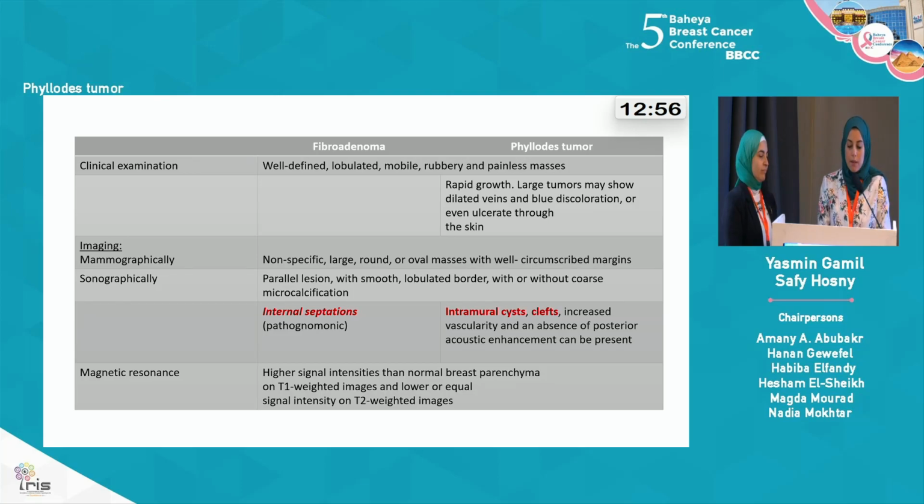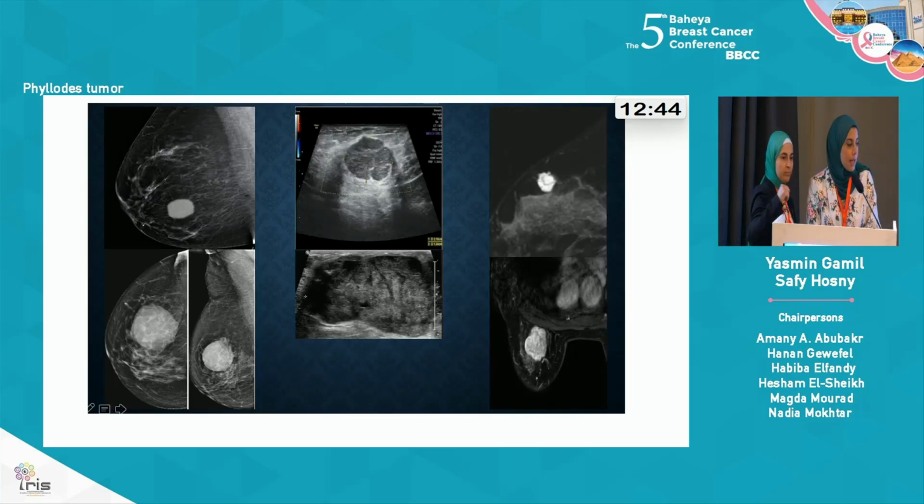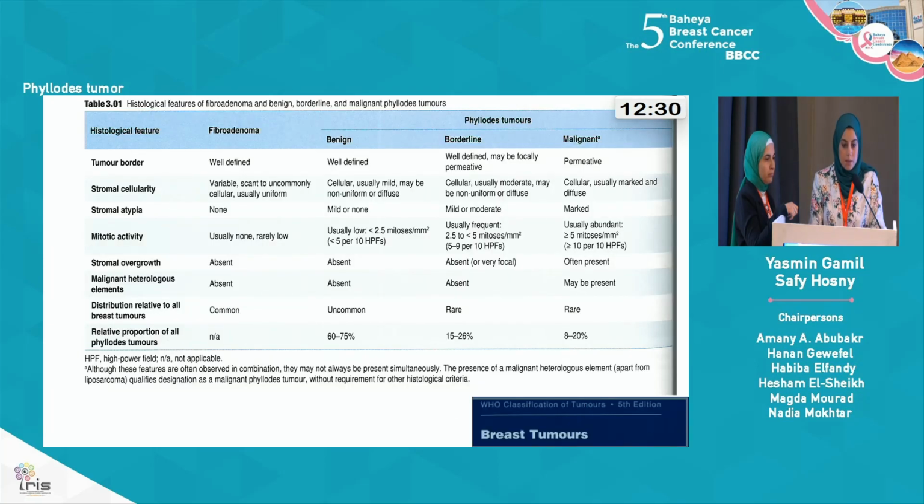On MRI, they both show higher signal intensities on T1 images and lower or equal signal intensity to the breast parenchyma on T2 weighted images. As shown here, the above photos are for the fibroadenoma, while the lower ones are for the Phyllodes tumor. They are both similar to each other in their radiological features.